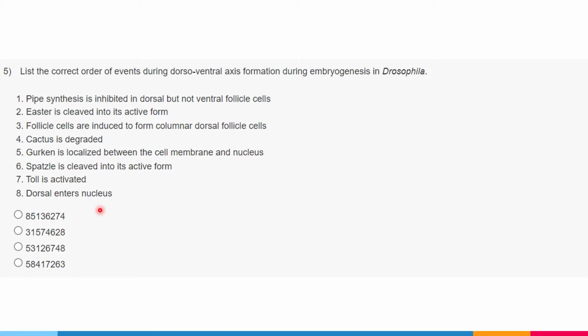So we have 8 particular events, and we have to align them in the chronological order in which dorsoventral axis formation occurs in Drosophila. We have 4 options which are very separate. Does anyone want to try and align them, or try to answer which one can be the correct one, if you remember the entire dorsoventral axis formation?